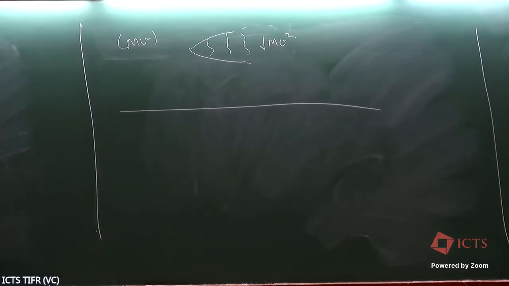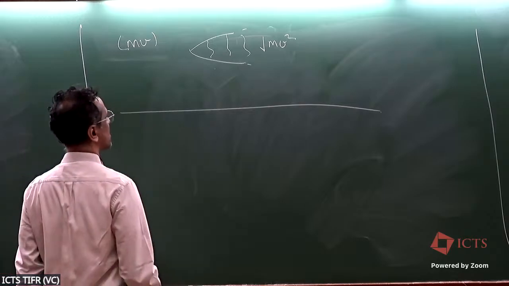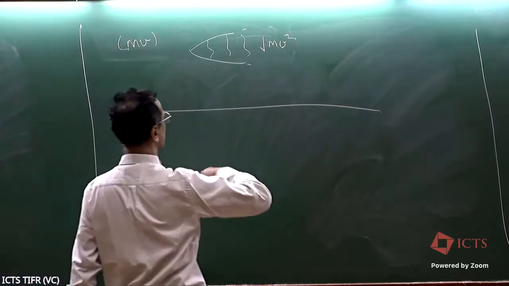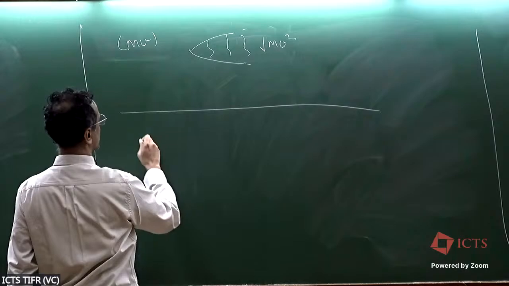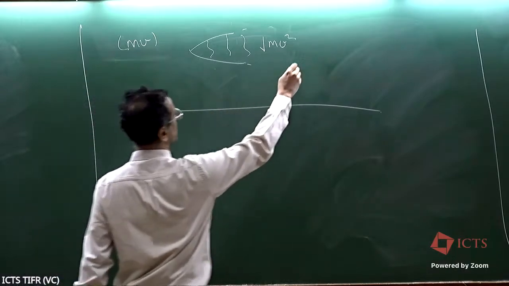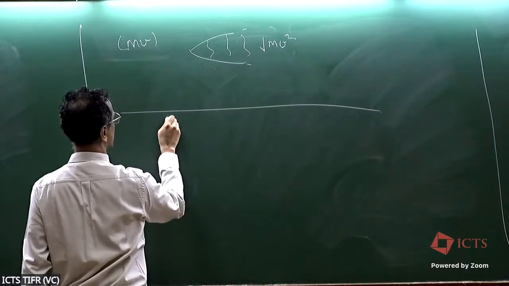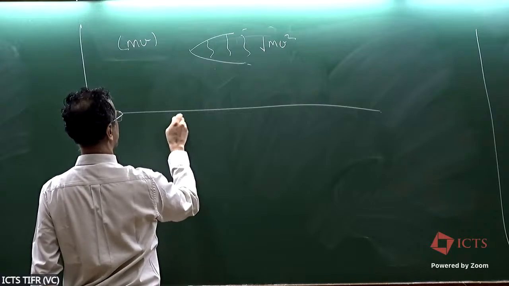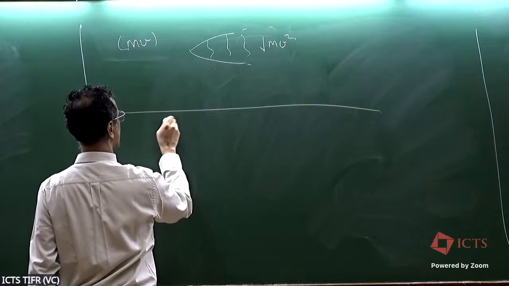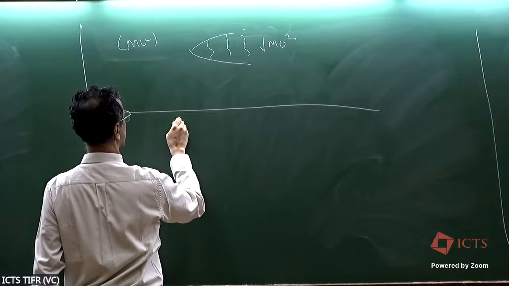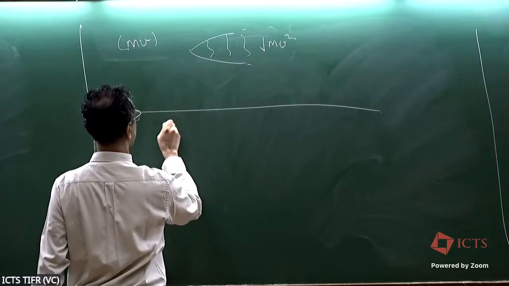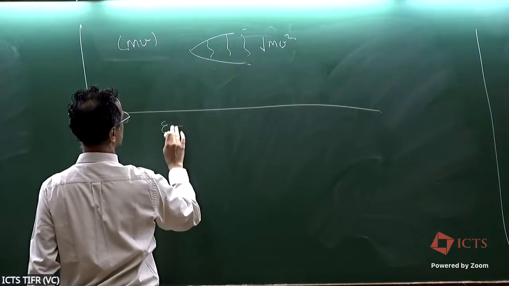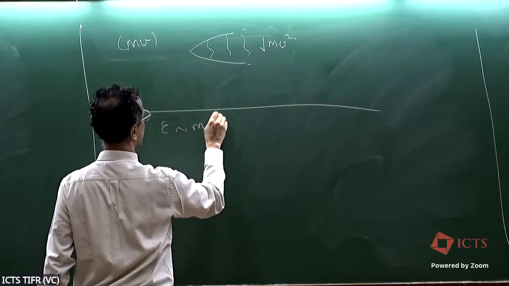And the idea is that these exchanges of gluons, the energies of these gluons are of the order of mv square.